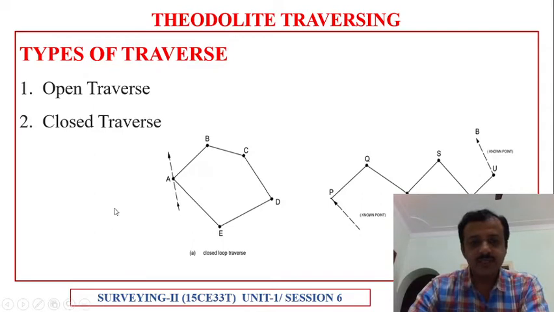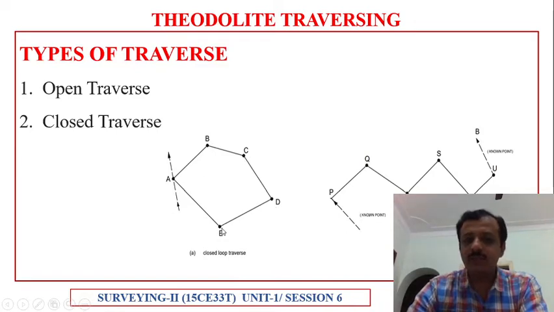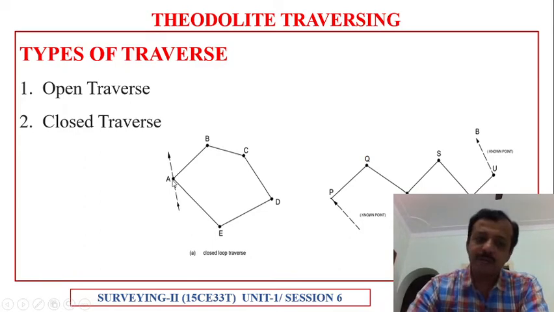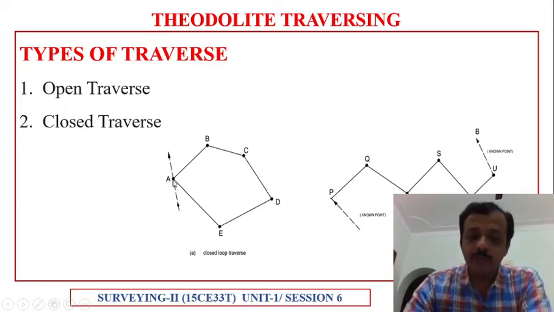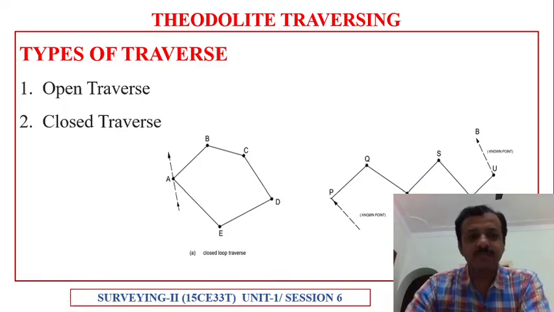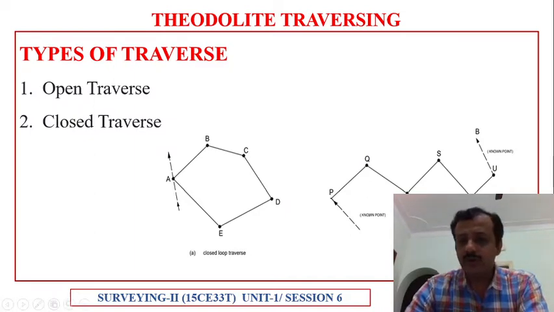We establish the various traverse stations, join all the traverse stations by lines, and finally end up at the starting point. This type of traverse is called a closed traverse.